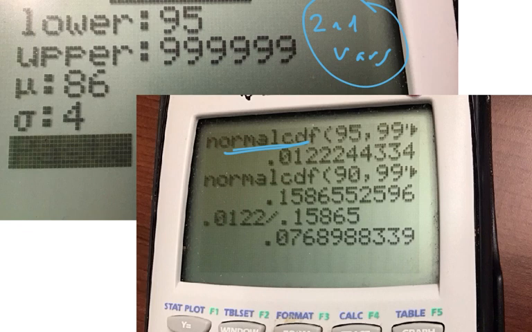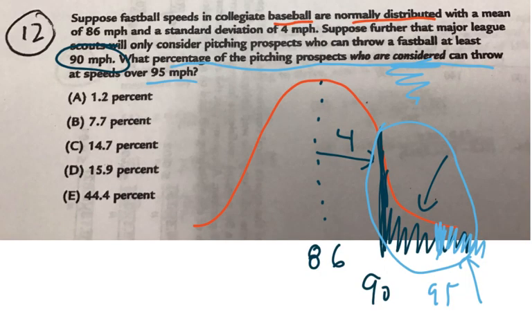You would have put in 95 for the lower end. Remember my little trick here? For infinity, just put in at least 5 or 6 nines in there. So we're going from 95 to 99999. We know our mean is 86, standard deviation 4. What we're finding initially right here is the percent of pitchers that can pitch 95 or higher.